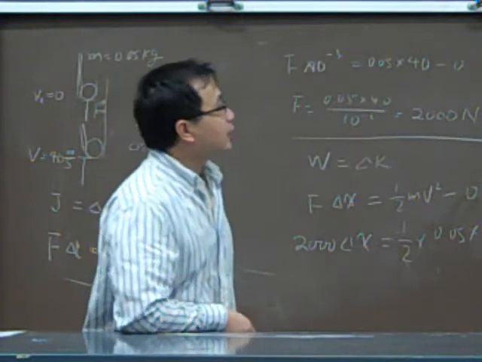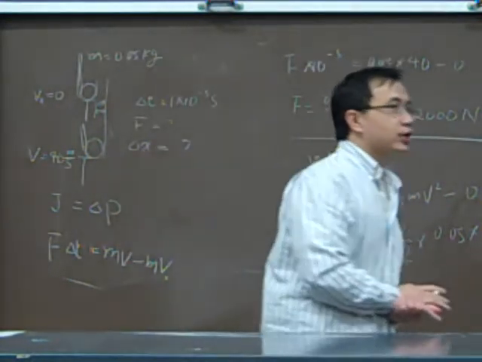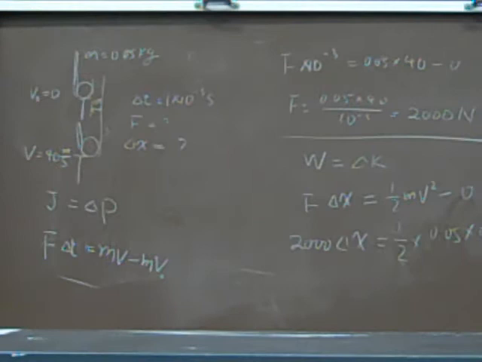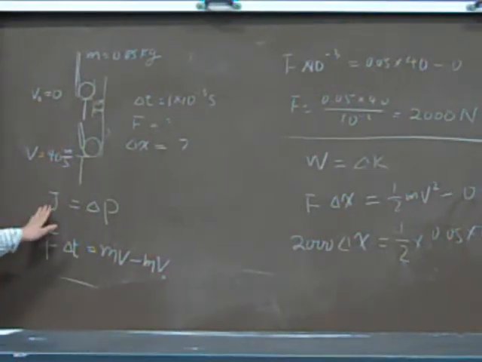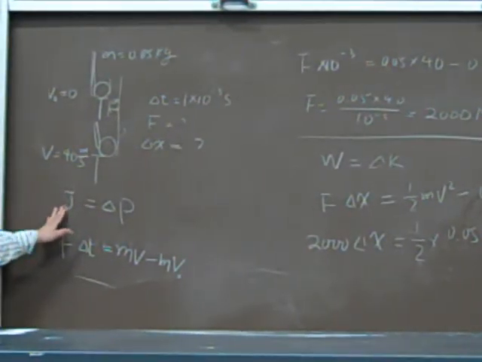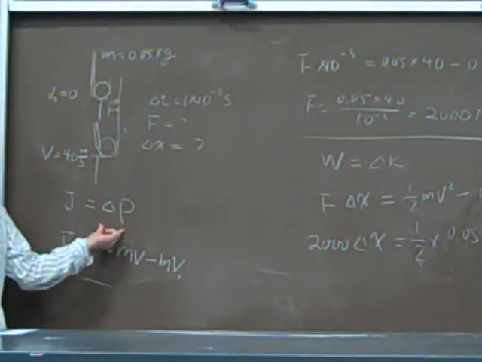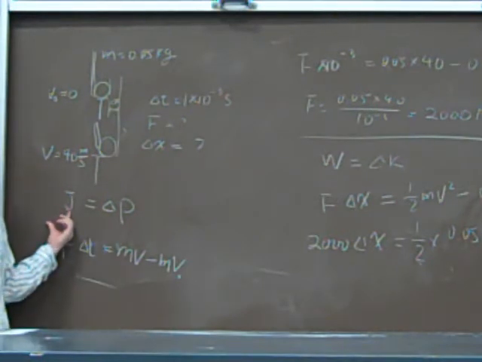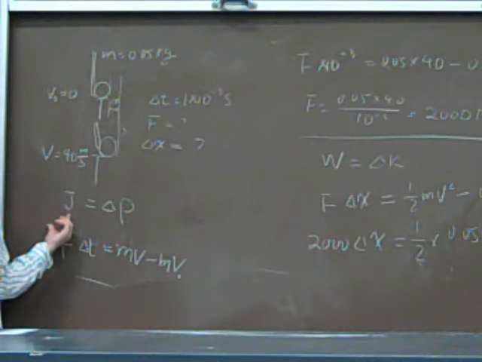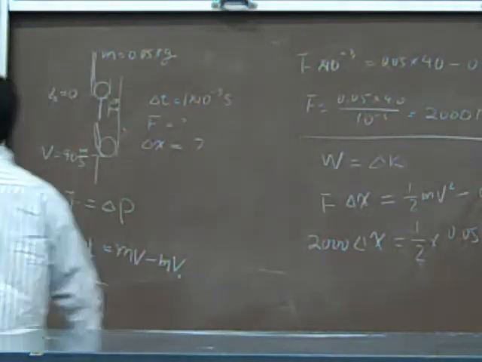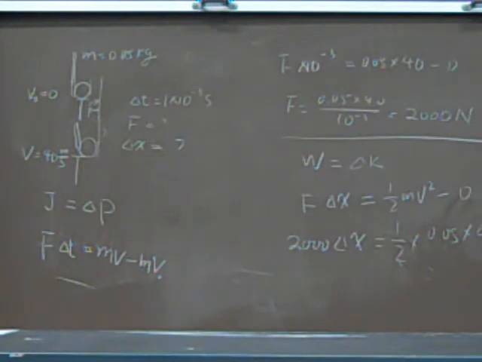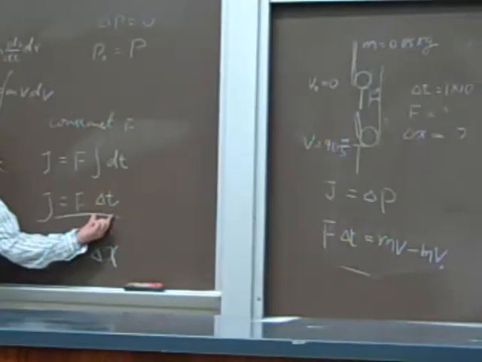Okay. And the condition for the momentum conservation, you can see that since delta P equals impulse J. So if we require delta P equals 0, that means the impulse acted on the system has to be 0. And impulse equals, roughly speaking, the force multiplied by time interval. Of course, time interval cannot be 0.